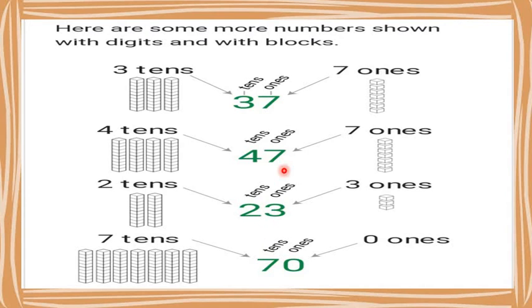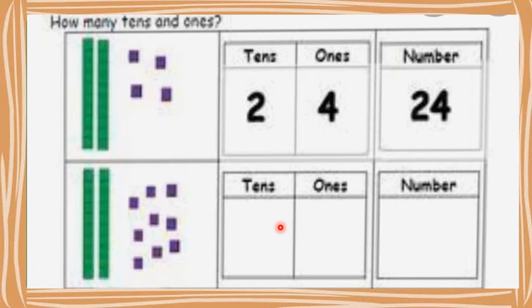Here we know how to separate the numbers in tens and ones columns. If we have number 37, we can separate it as 3 tens and 7 ones. If we have number 47, we can separate it as 4 tens and 7 ones. Okay?